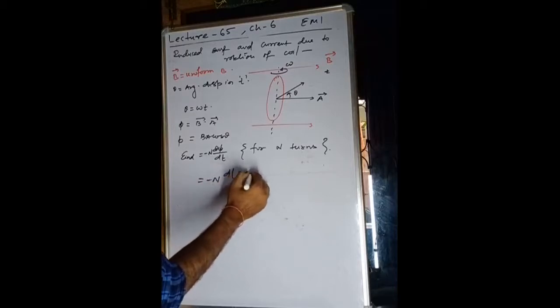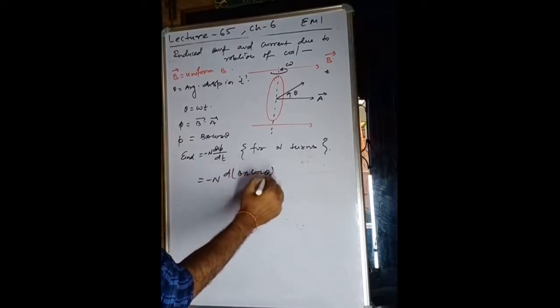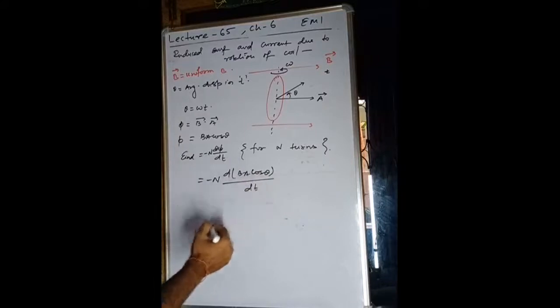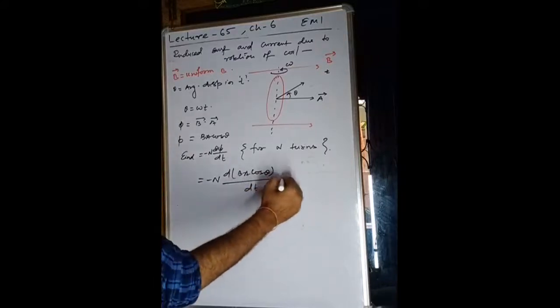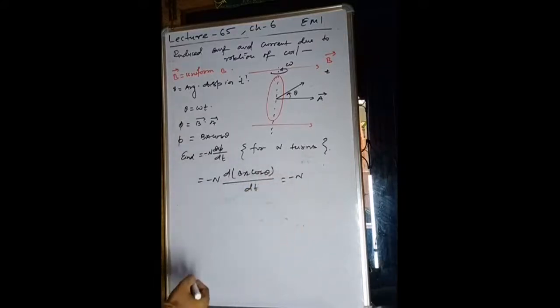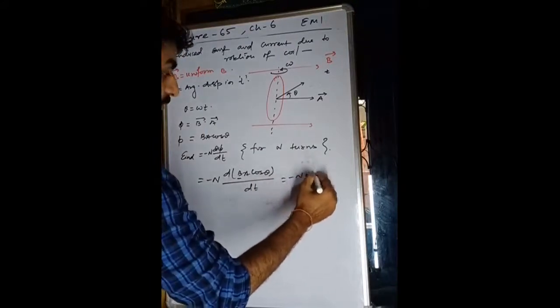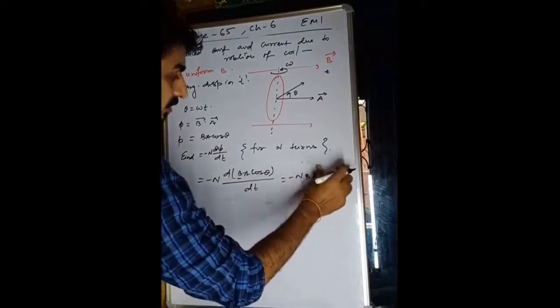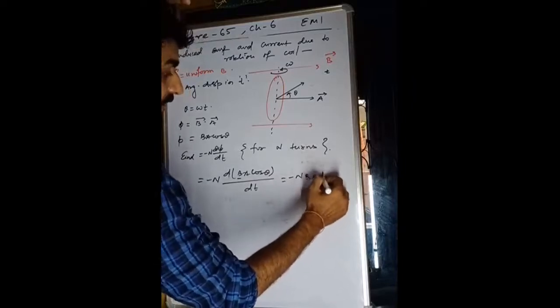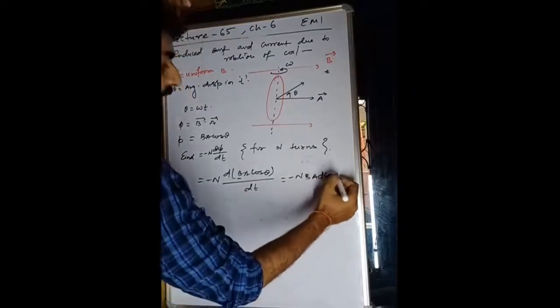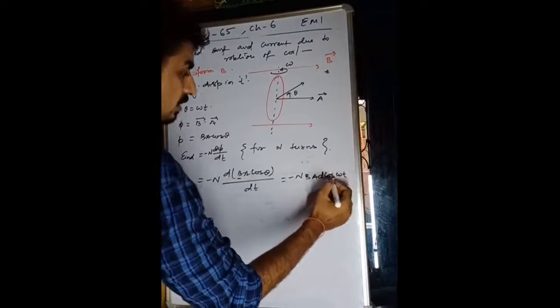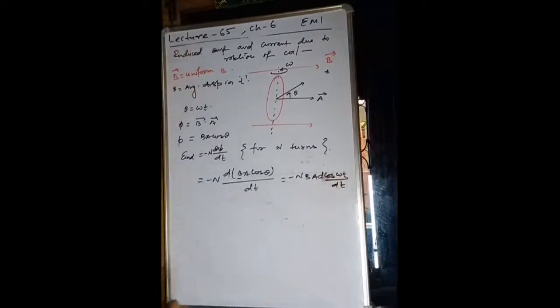It is BA cos theta, over dt. My dear students, we can write minus n. Here B is constant, I told you, B is constant. Area is also not changing. So BA cos theta, where theta can be written as omega t, over dt.